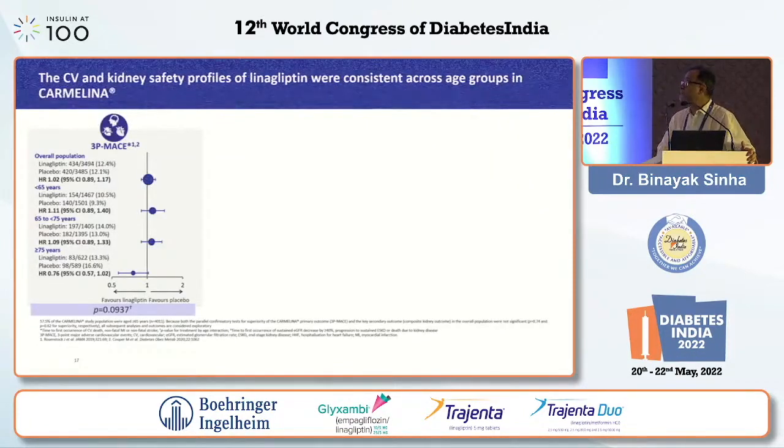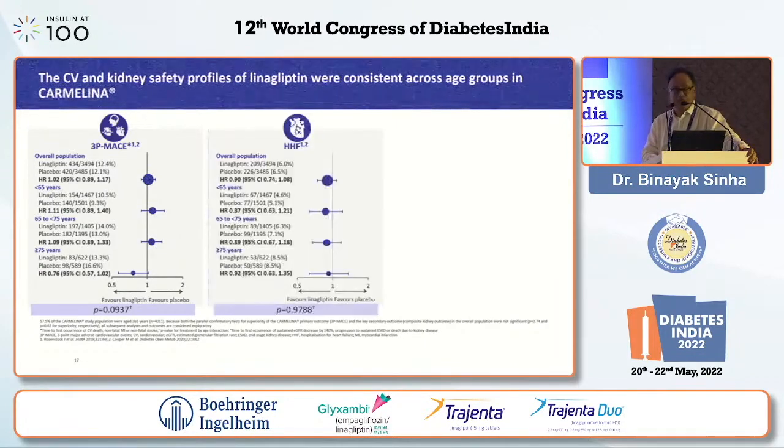The CV and kidney disease safety profiles were consistent across age groups. In 3P MACE, as you can see, there is no difference, with the ball standing right in the middle. However, I'd like to point out one little bit. If you look at people who are aged more than 75 years, though this did not turn out to be statistically significant, the 3P MACE had a trend towards reduction with the usage of linagliptin.